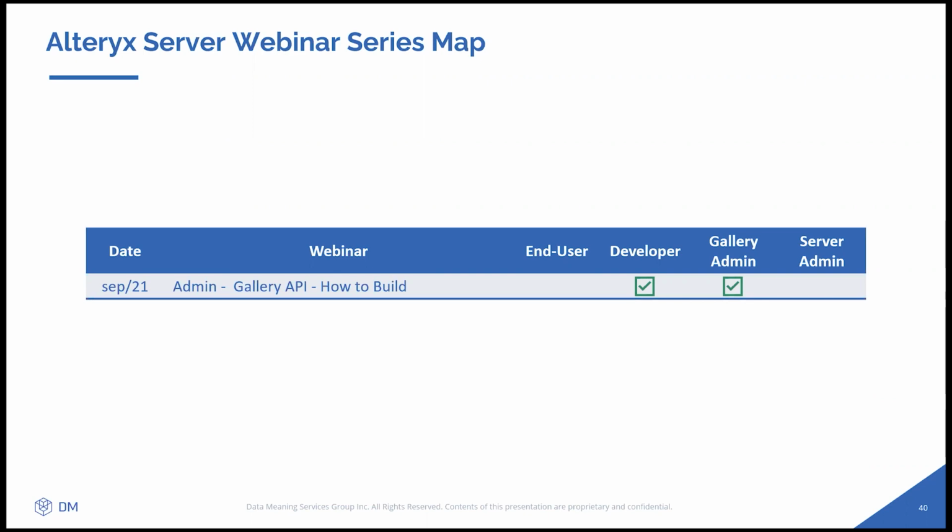Can you elaborate using Alteryx engine as backend for website? Yeah, so what I mean by that is you can have a web page that will show information from an Alteryx workflow. So the web page can run an API call.